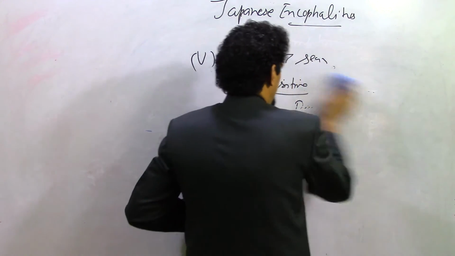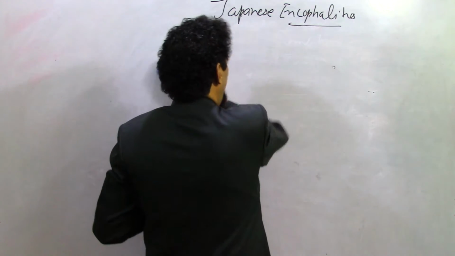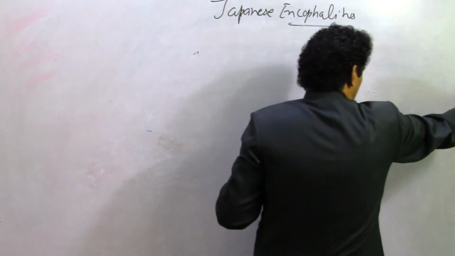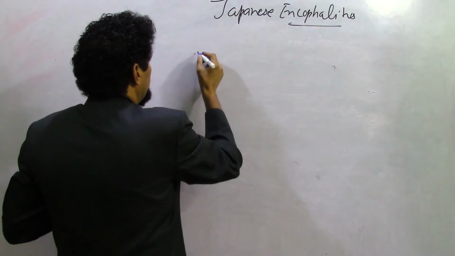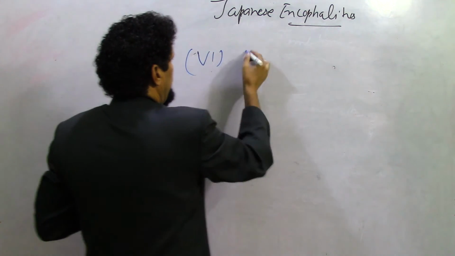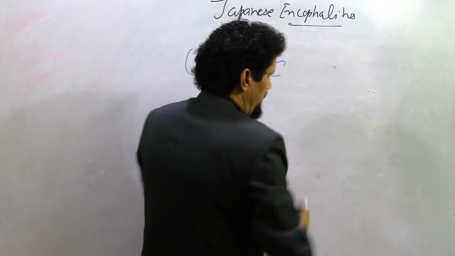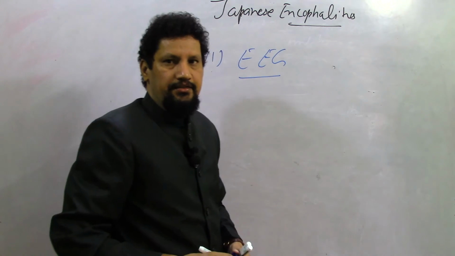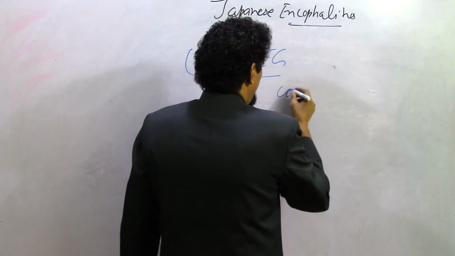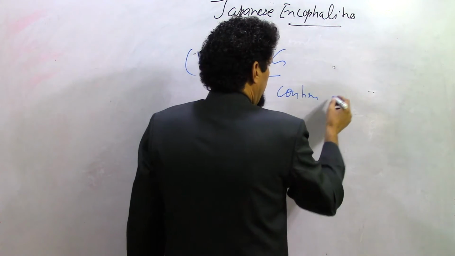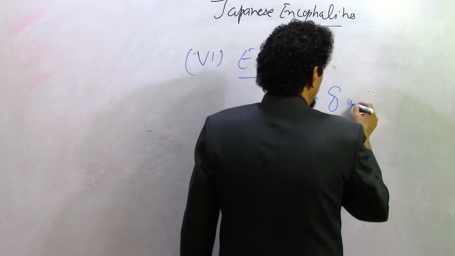EEG, the electroencephalogram. There is continuous delta wave slowing.